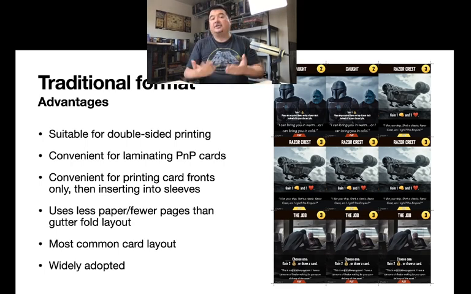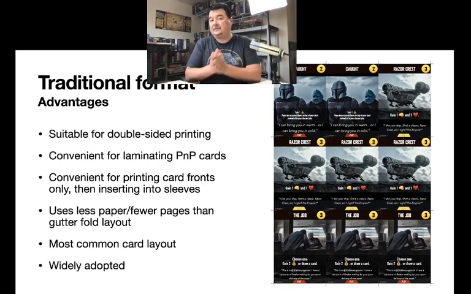One of the other advantages is that because you're able to fit more cards per page than the Gutterfold format, it uses fewer pages. It's also very widely adopted. The traditional way is a very common way to deliver your print and play files. So those are the advantages.